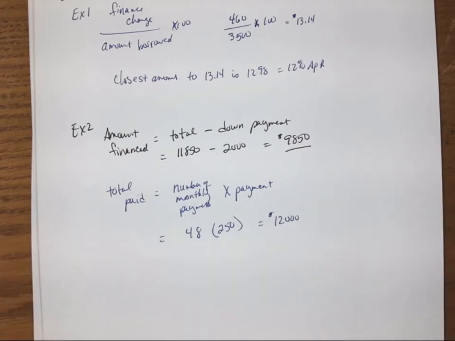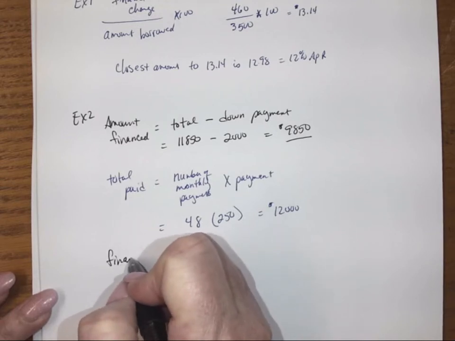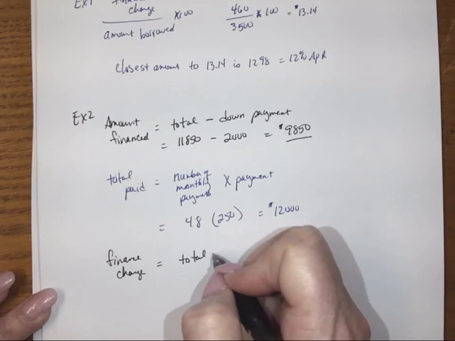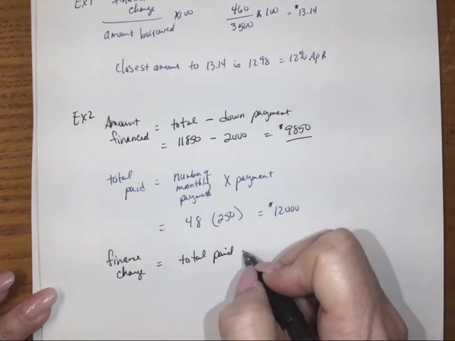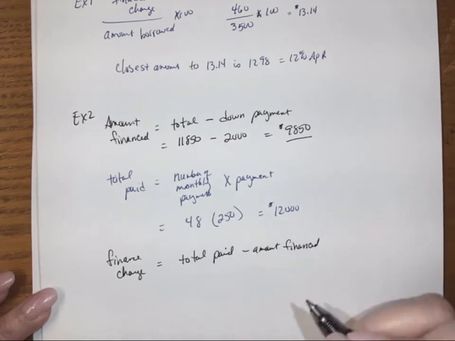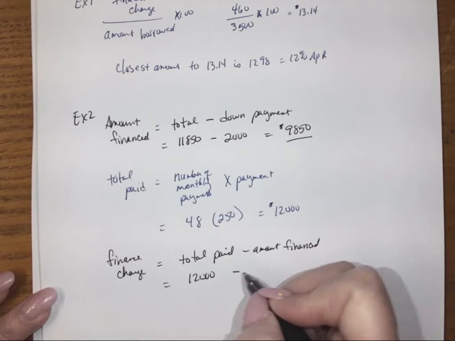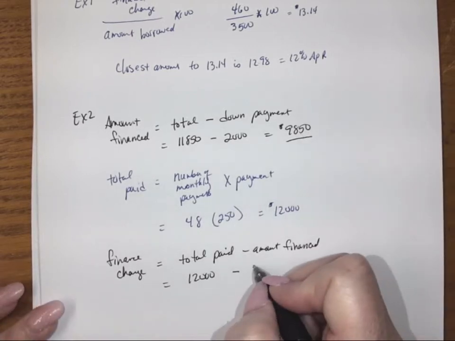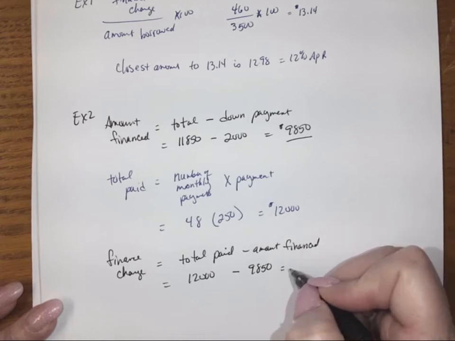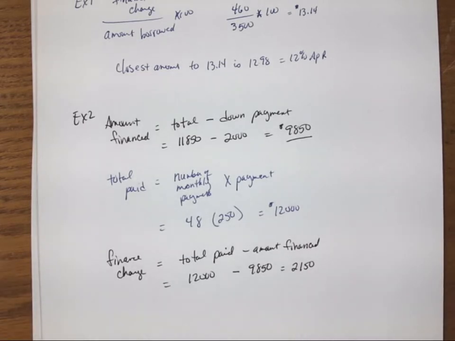So to figure out the finance charge, we'll take our total paid minus the amount financed. So the total that we paid was $12,000, minus the amount financed, $9,850, which will be $2,150, because we're looking for the actual interest that they paid.